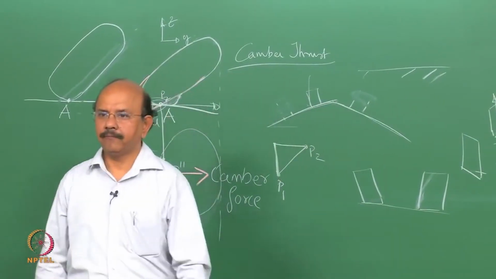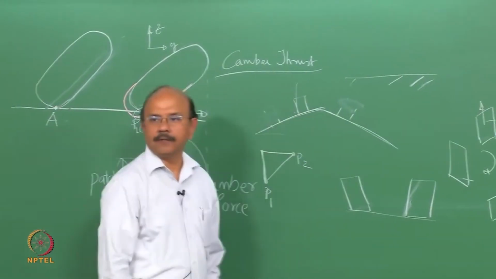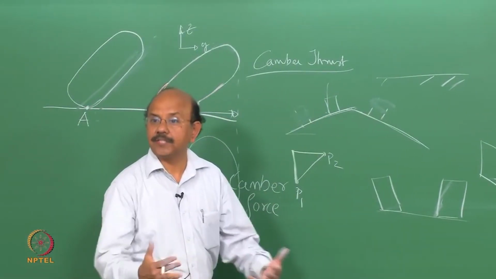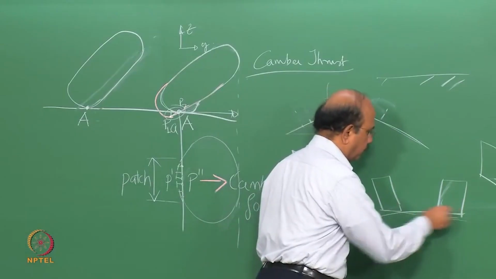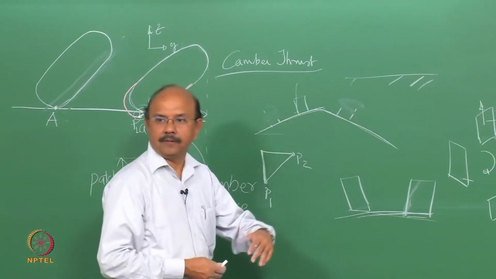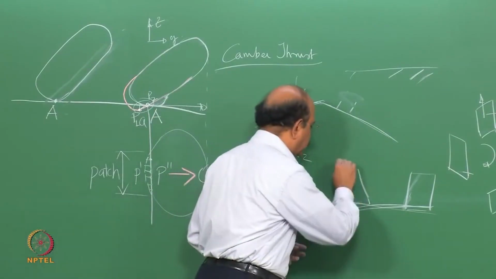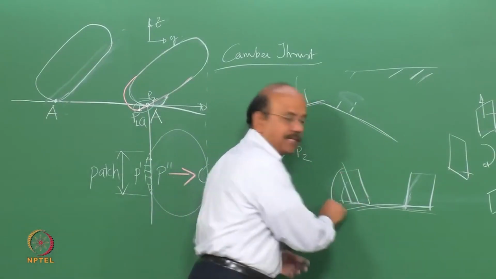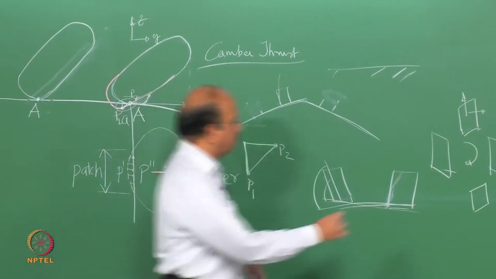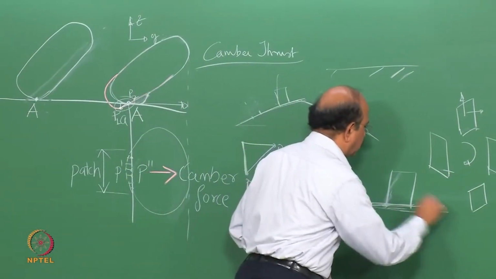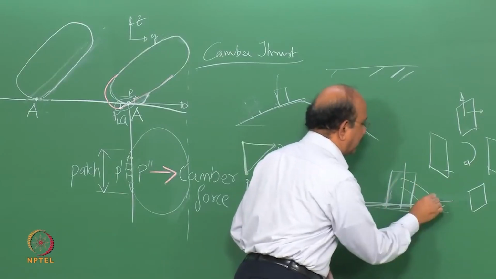Something like that. Now, if this is the flat road, and let's say that this is the camber, now I'm going to change the camber of the road and make it, say, like this. What was this angle now becomes that angle, and what was this angle now becomes that angle.